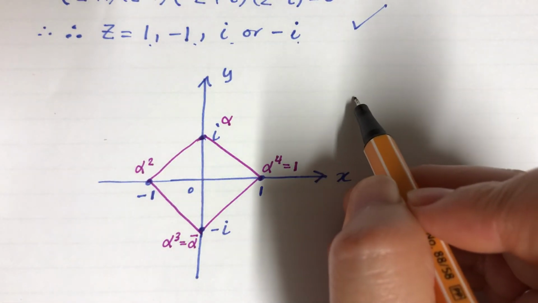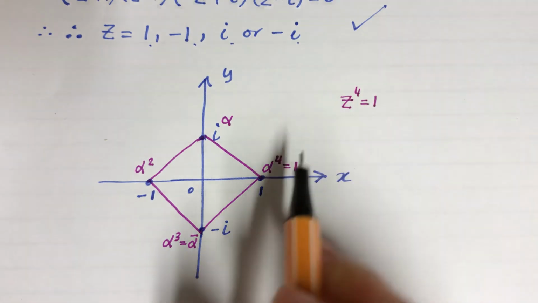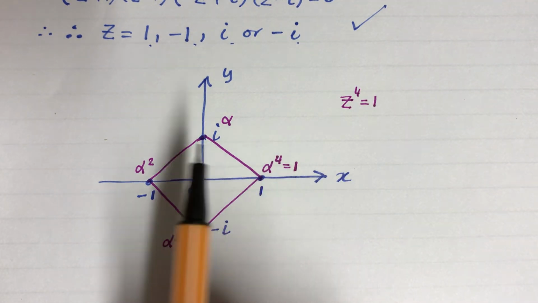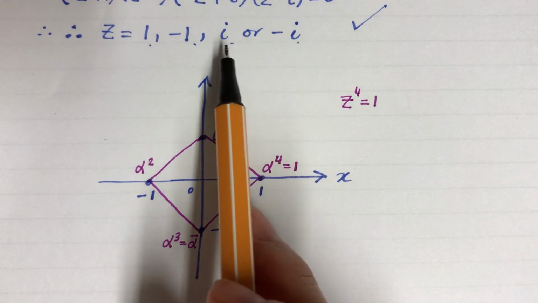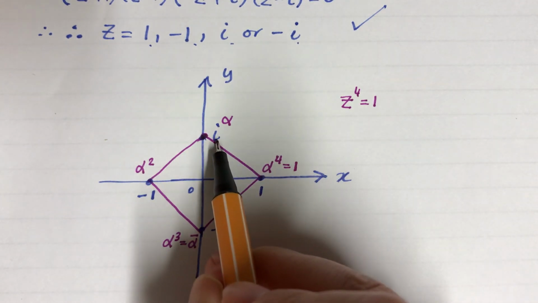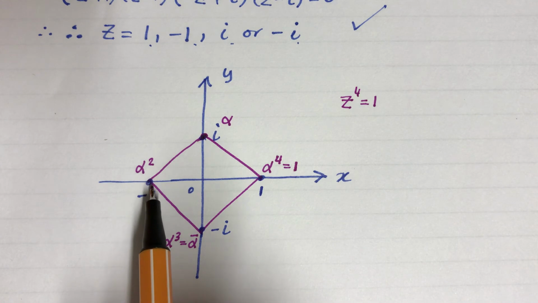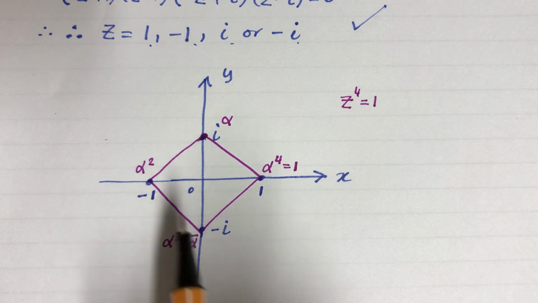This one was z at the start, z to the 4 is 1, so that's why I put that in there. Okay, and that's when z equals the complex number i, and then z squared is i squared, which is minus 1.